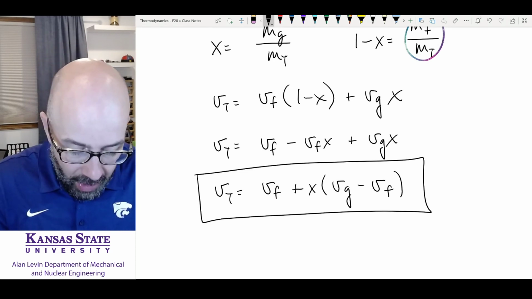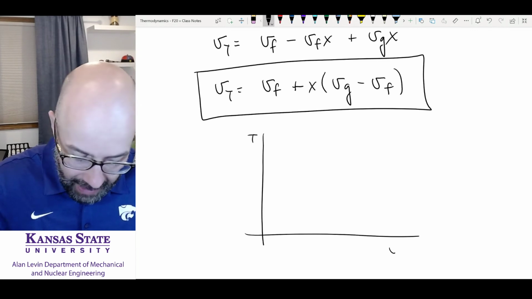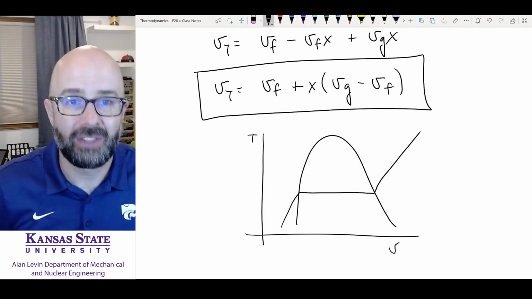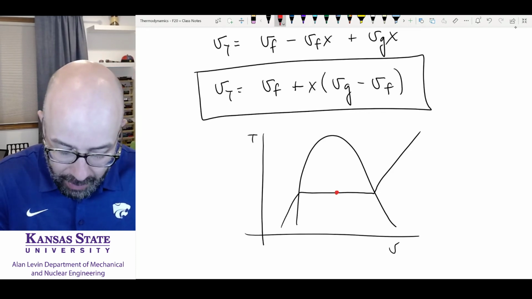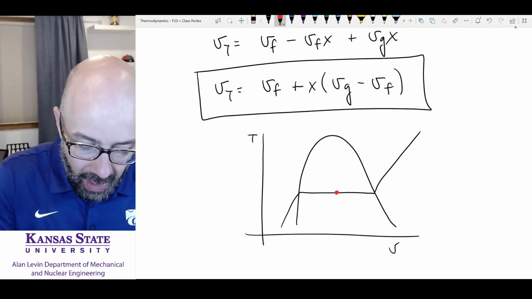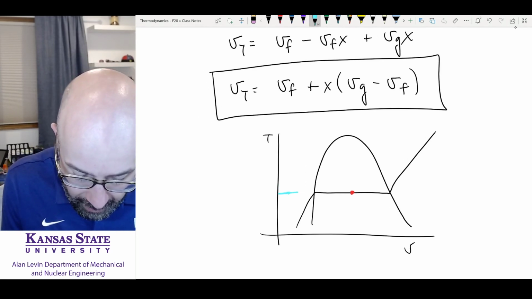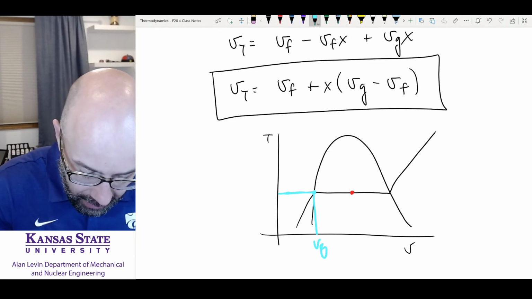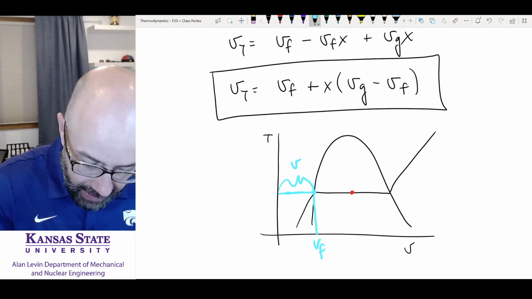Okay, and if you want to look at this graphically, which I think is important to be able to do, if we look at this T-v diagram and say that our quality was 50%, well, 50% is going to be right here, 50% of the way from a liquid to a vapor. How does this work? Well, look at it graphically. This is going to be VG, and this is VF.